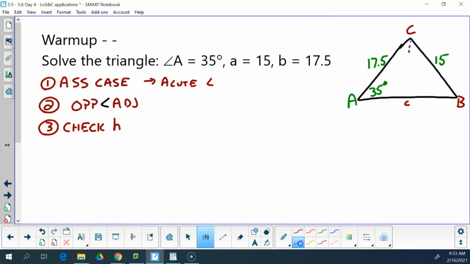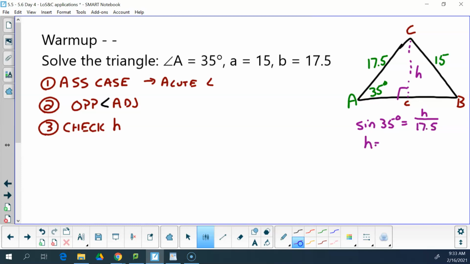So let's check the height. The sine of 35 degrees is equal to h over 17.5.